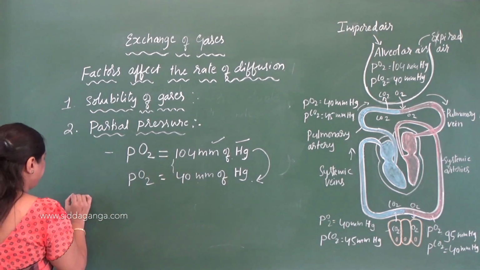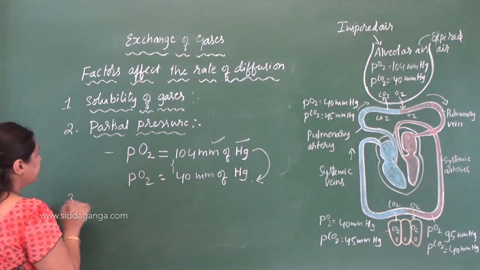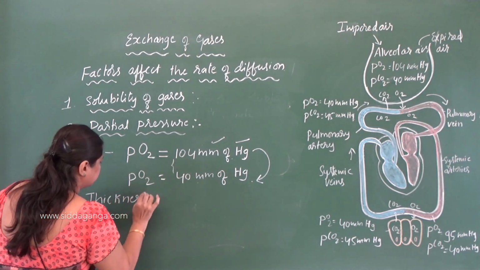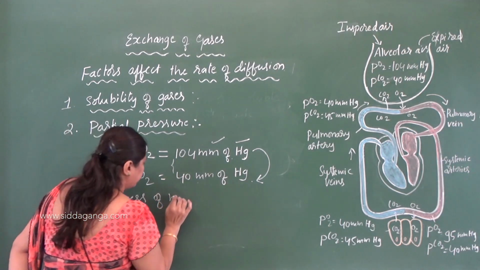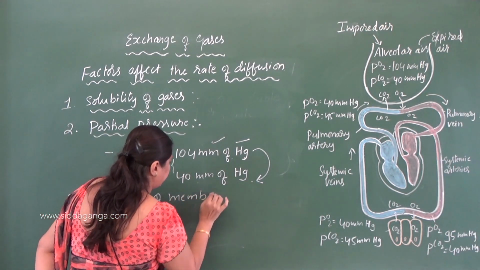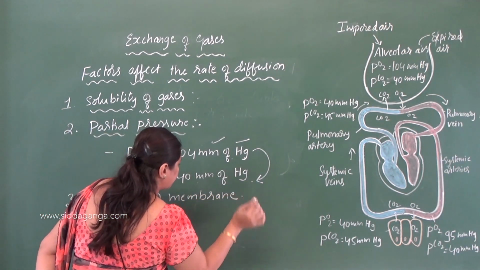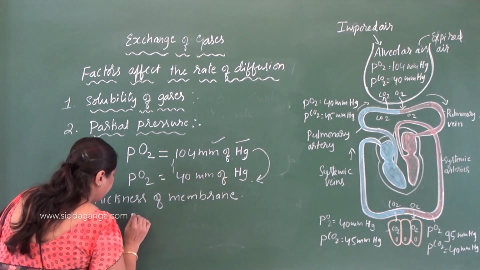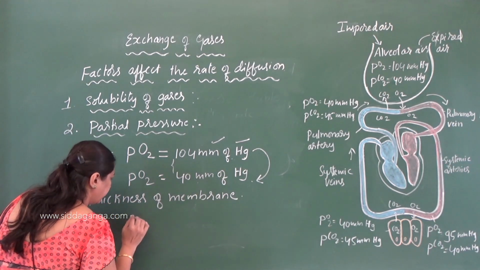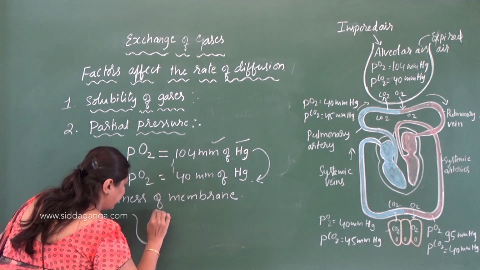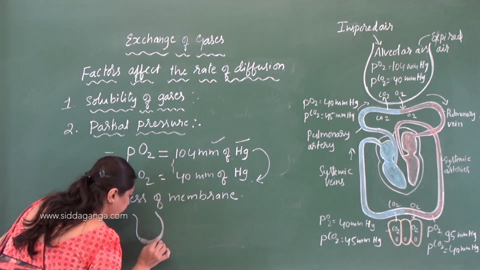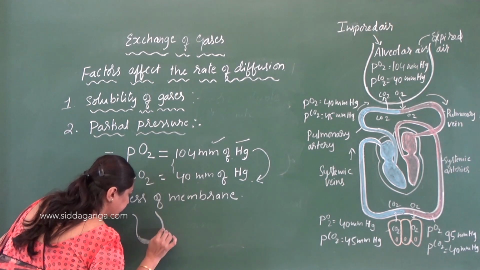And another factor is the thickness of the membrane. The diffusion occurs through the diffusion membrane. For efficient diffusion of gases to take place, the membrane should be very thin. If the membrane is thick, will the rate of diffusion be faster or less?